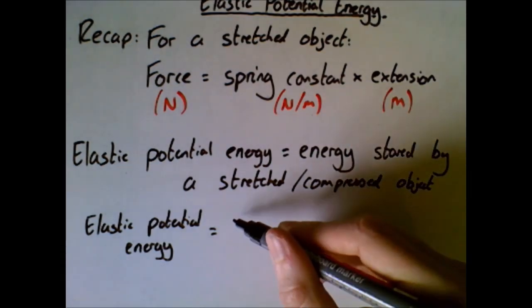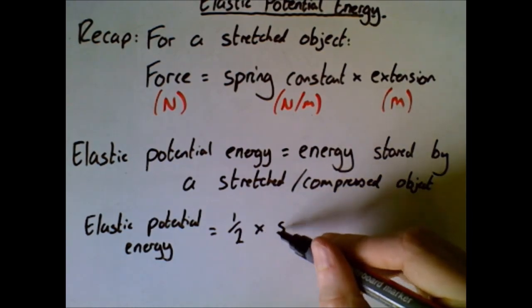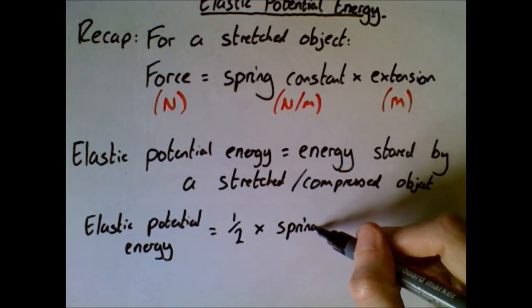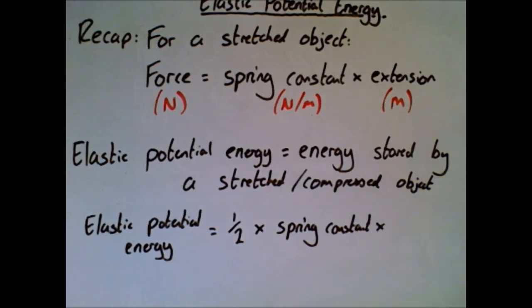So elastic potential energy equals half times, well, it's not times mass, it's times spring constant times the extension squared. Now, like with kinetic energy, it's only the extension that is being squared there, not the whole thing. So you might sometimes see brackets around the extension just to show you that.